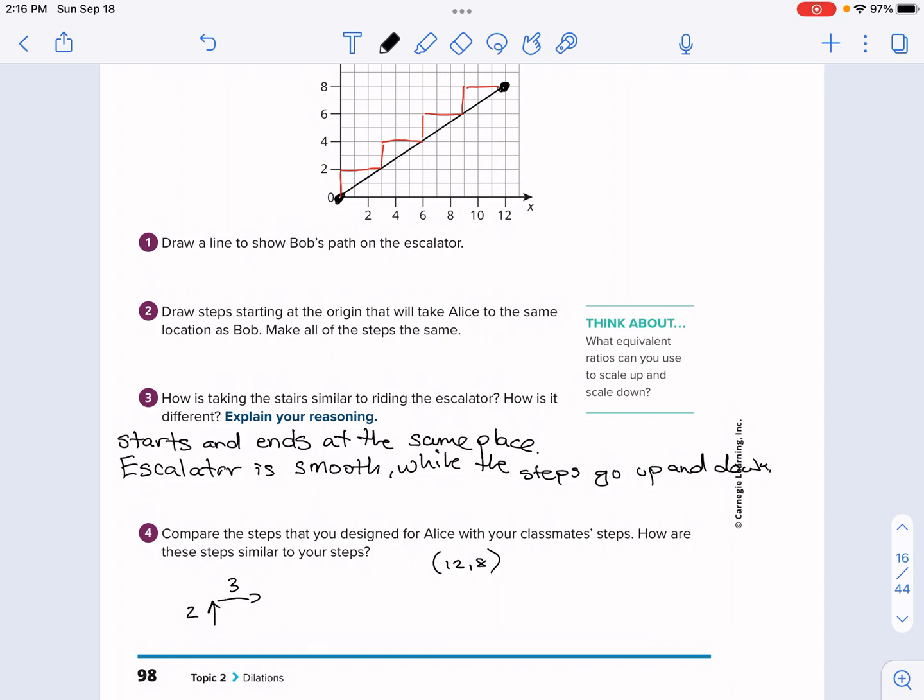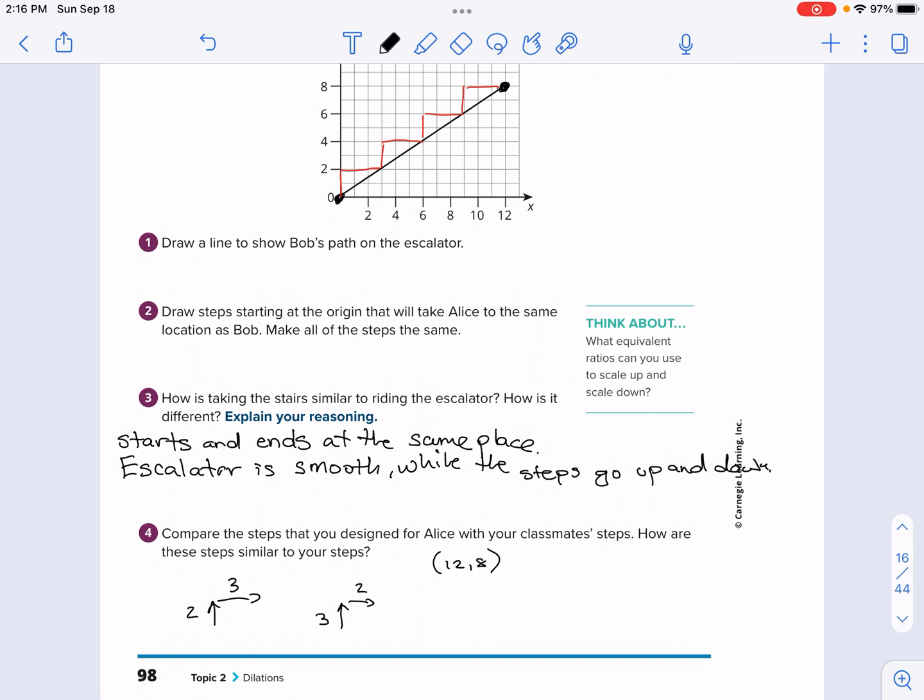So you could have also gone, let's say, up 3 and right, so divided by 4.